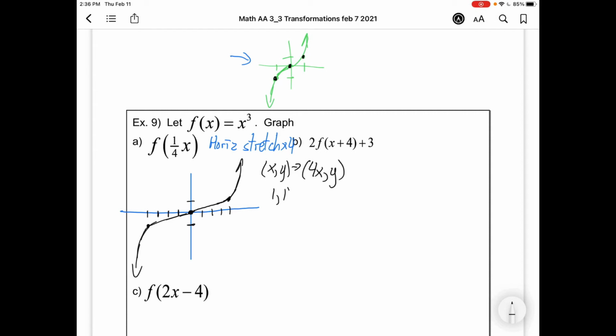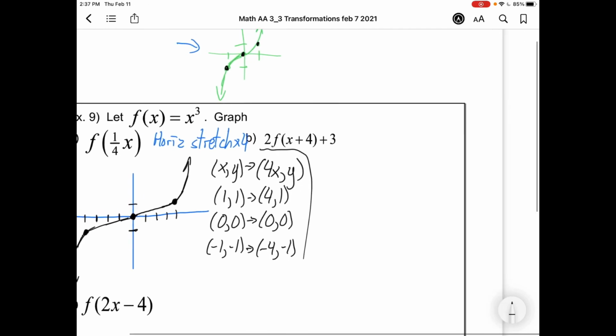So that would be the point 1, 1, 0, 0, and negative 1, negative 1. And that would give us outputs of 4, 1, 0, 0, and negative 4, negative 1, which are exactly the points that we did by inspection already. Either method is fine, but when stuff gets rough, you may want to go for the map.